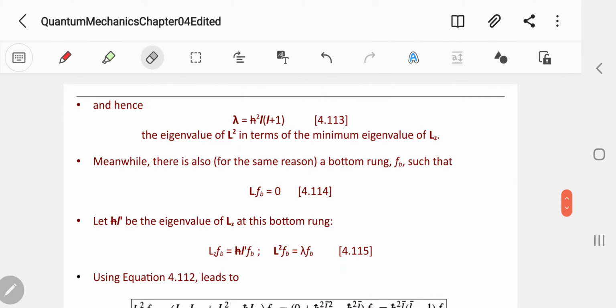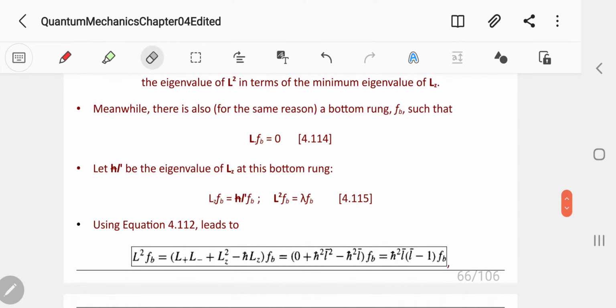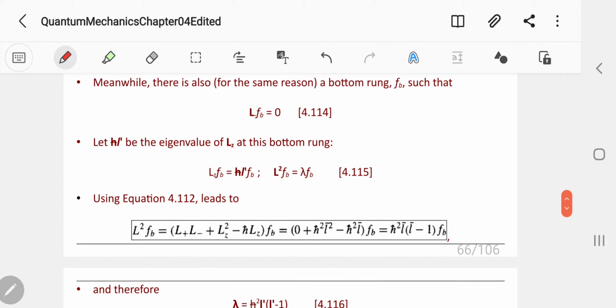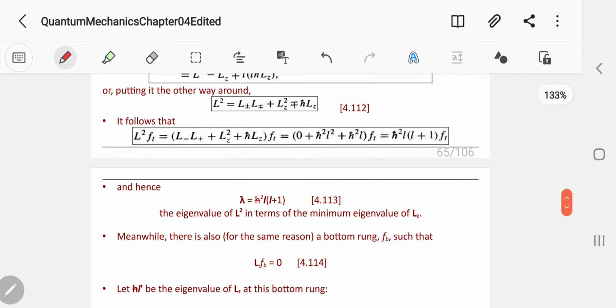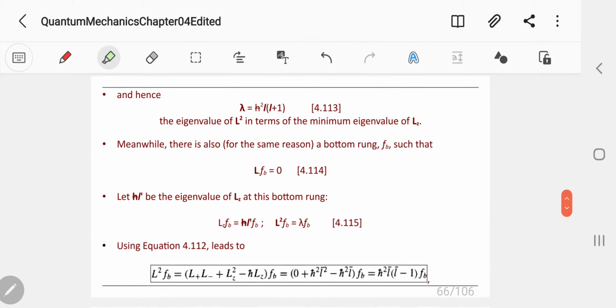So that's it. And for the bottom rung, the eigenvalue for Lz would be ħL', and for L² f_b this would be lambda. So if you again write L² f_b, you can use this result here, and then you use this here.